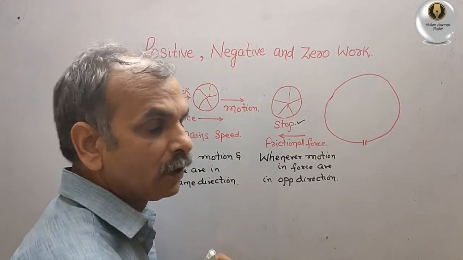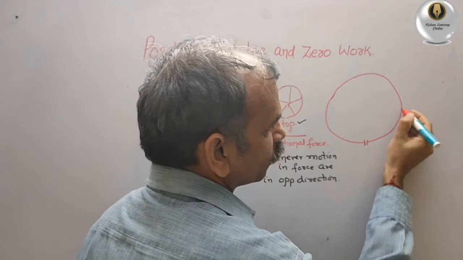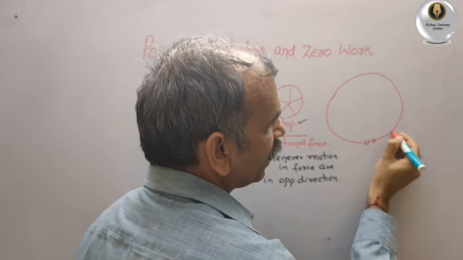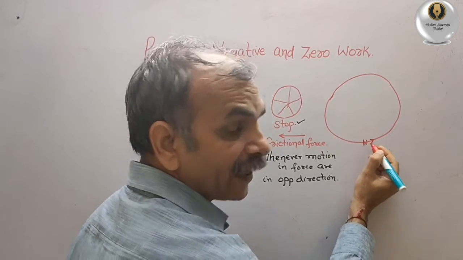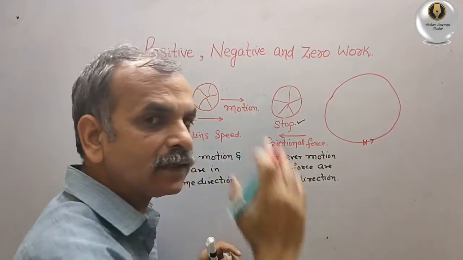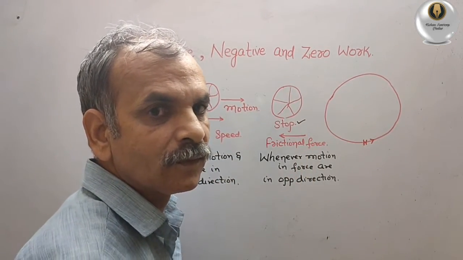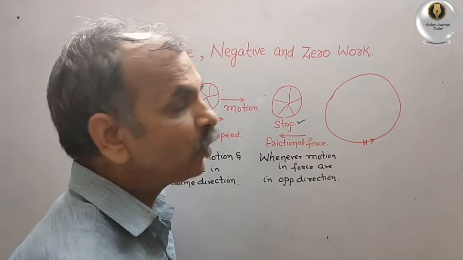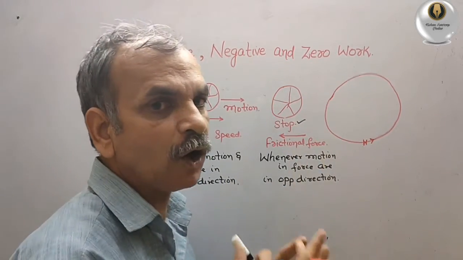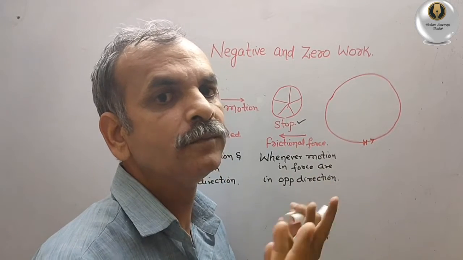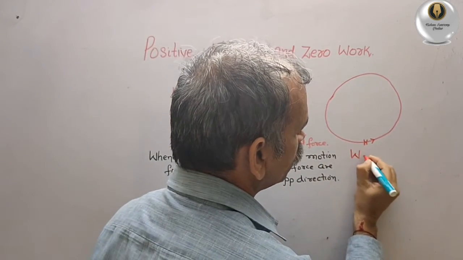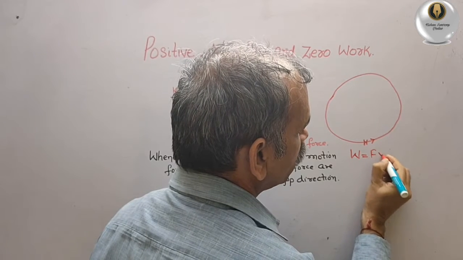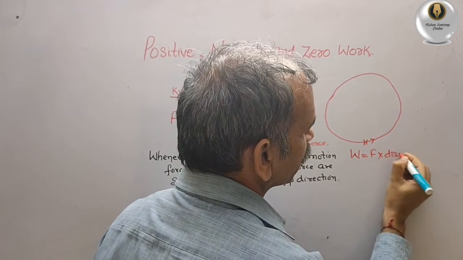ठीक है. Now, अब देखो, आप रोटेट करना शुरू करो. आपने इसमें एक रोटेशन लिया and you have started from the gate and ended at the gate. So what happened? We know that work is equal to force into displacement.